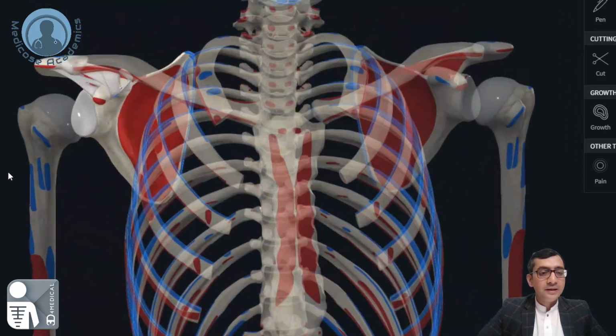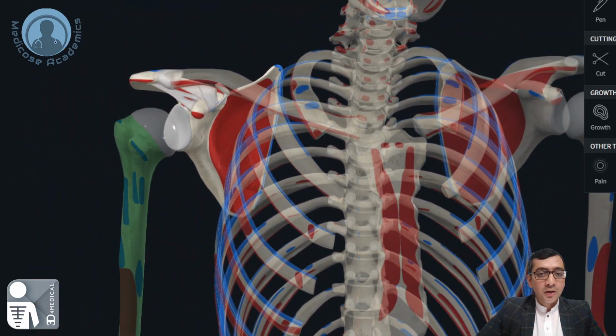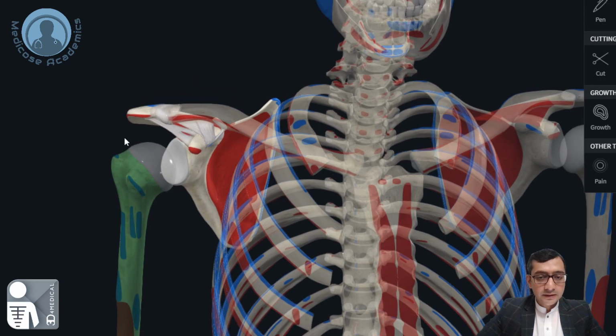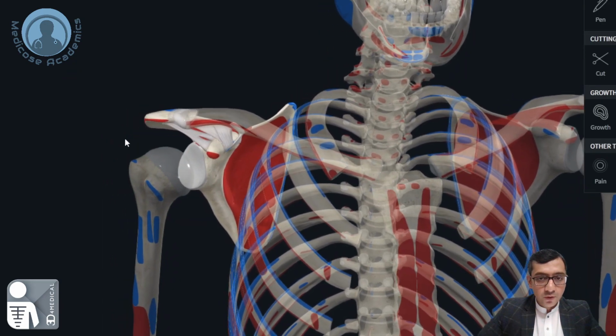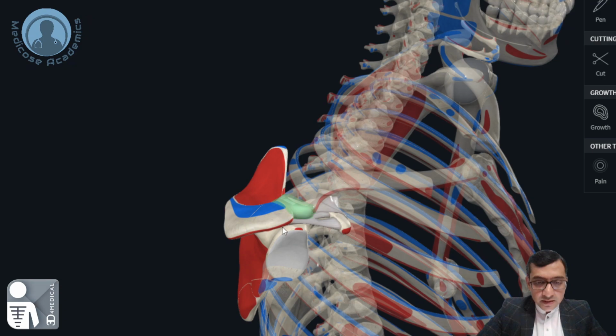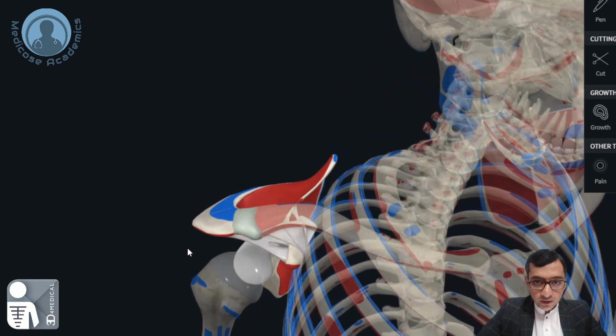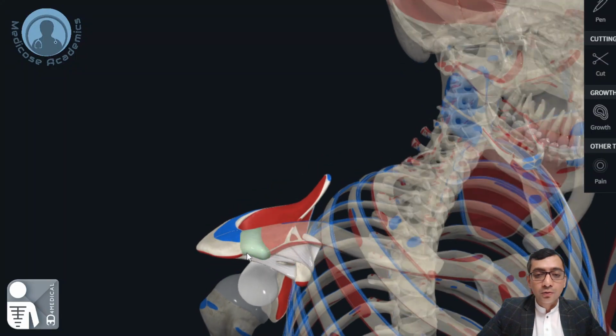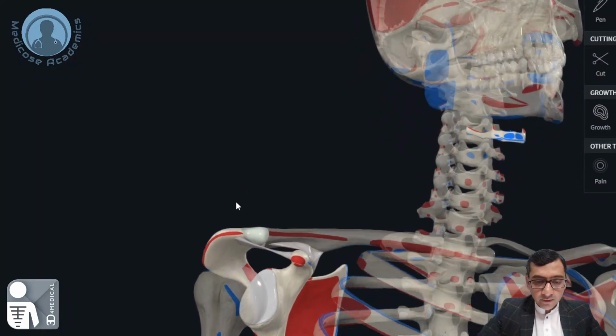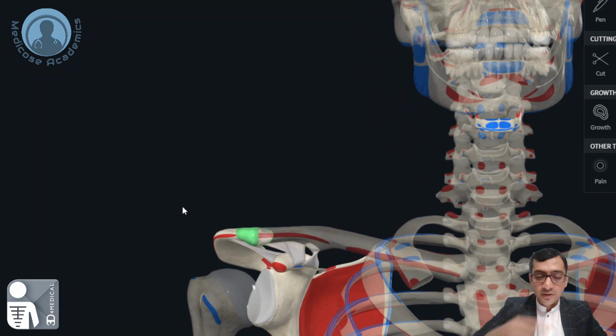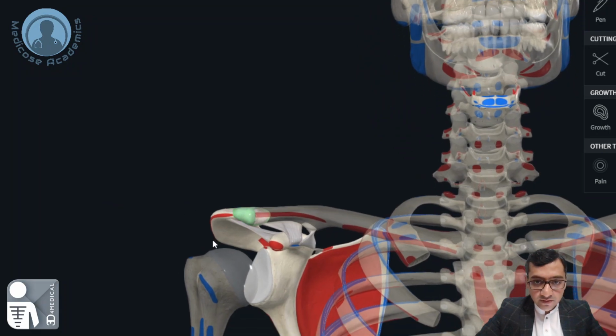So we are left with the ligaments. Let us start with the joints. The one joint that is formed by the acromion is the acromioclavicular joint. So there is the ligament of the acromioclavicular joint and the capsule of the acromioclavicular joint that is completely encompassing just behind the articular surface.